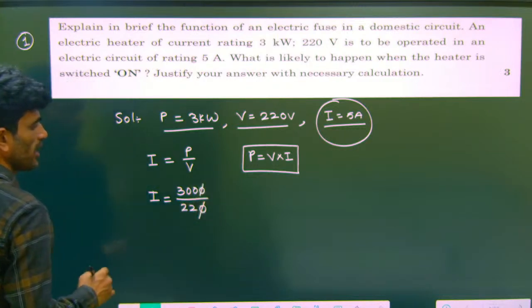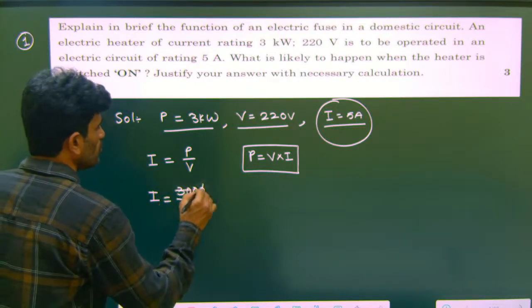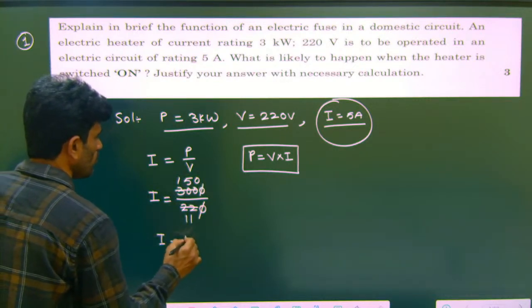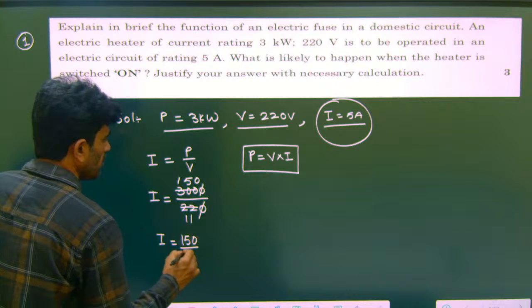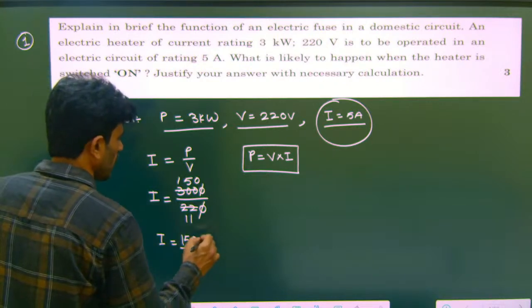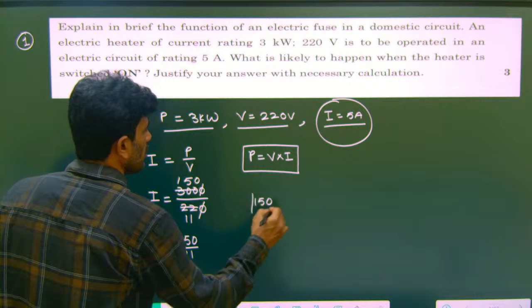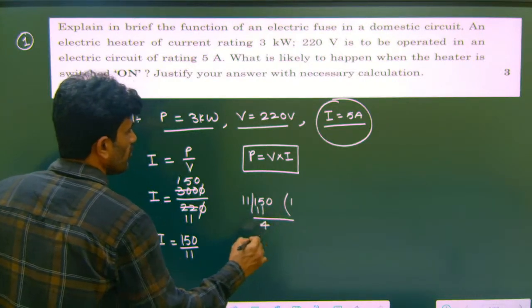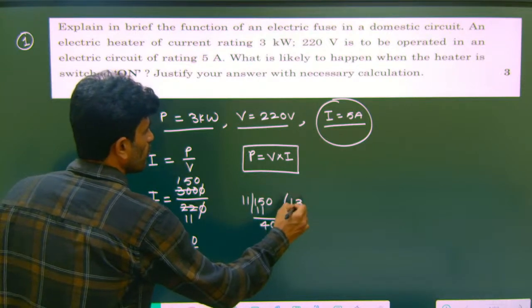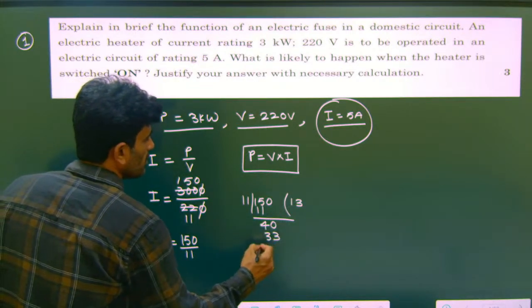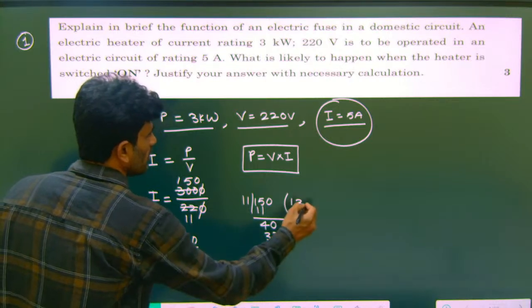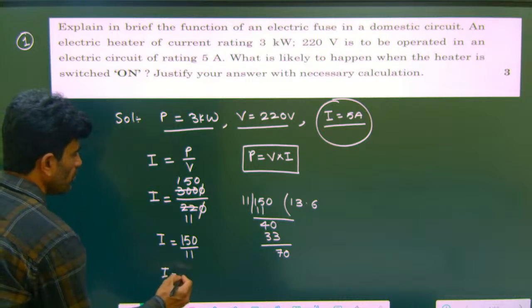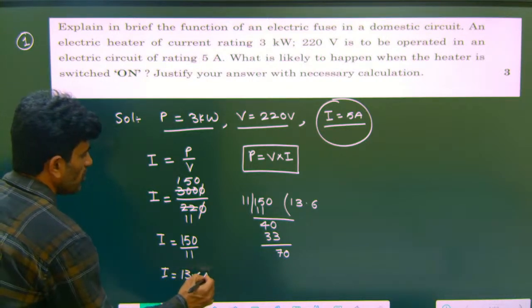The zeros cancel, 2 11s are 22, so we got I is equal to 150 by 11. 150 divided by 11: 11 ones are 11, 4 will be left, 40, 4 threes are 33, then 7, then 0.06. So how much current will it allow? Up to 13.6 amperes approximately.